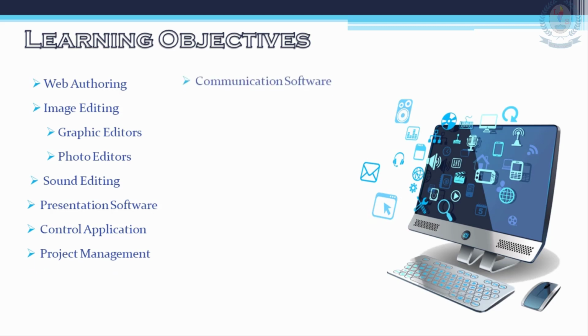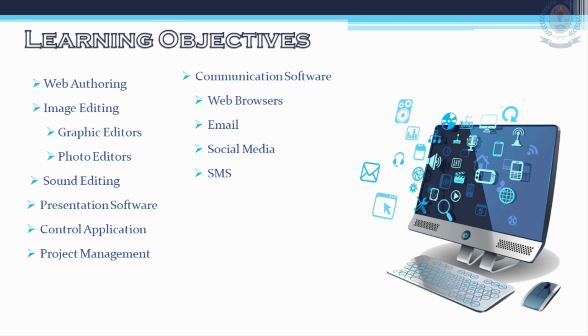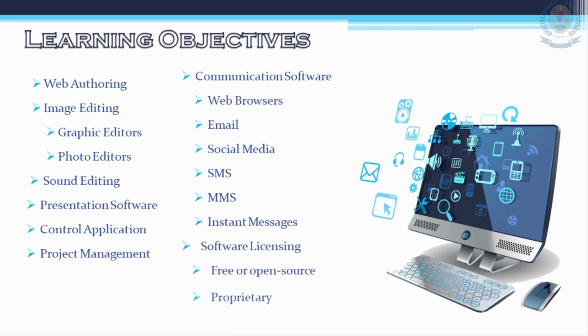Under communication software, you will learn about web browsers, email, social media, SMS, MMS and instant messages. After that, software licensing and also free open software, then proprietary. The last one is software updates.